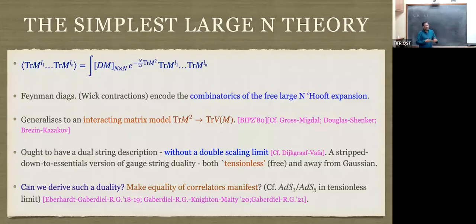That would be the way to try to understand how large N theories give rise to closed strings, at least in the first case. And there will be connections, though I still don't know the full picture, but I'll try to say something about relations to the AdS3 and AdS5 tensionless limit, the free theories.